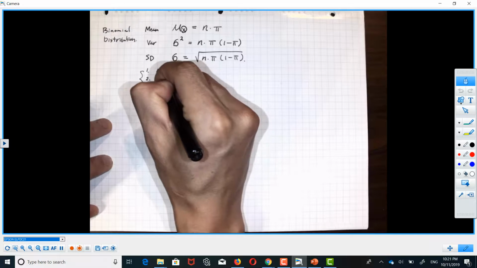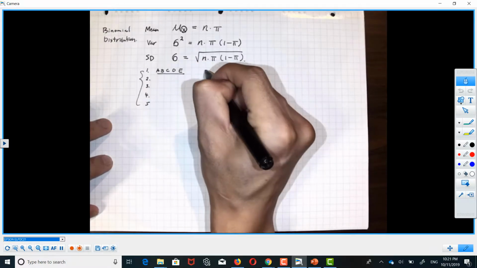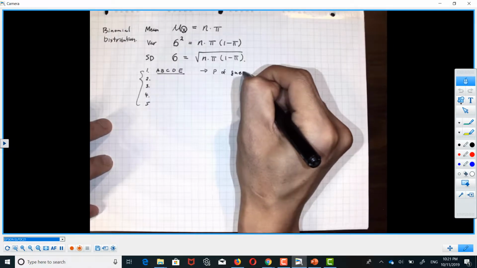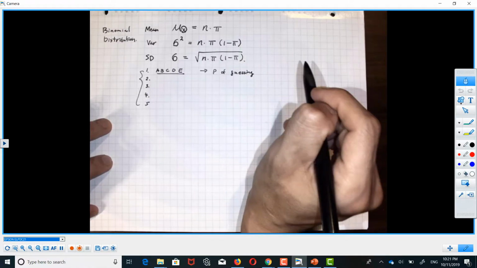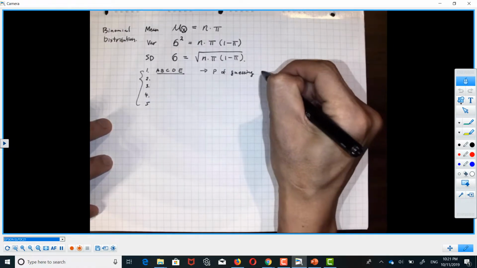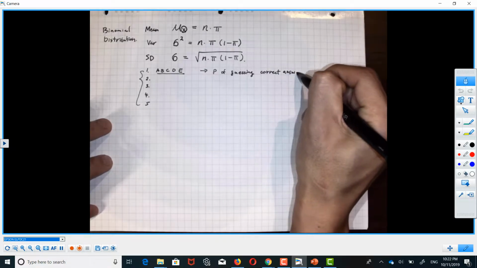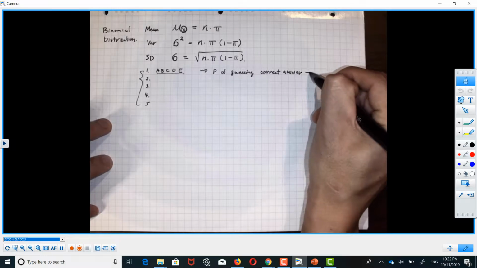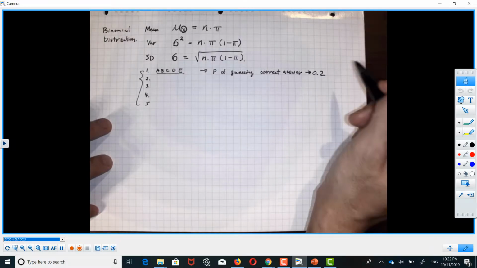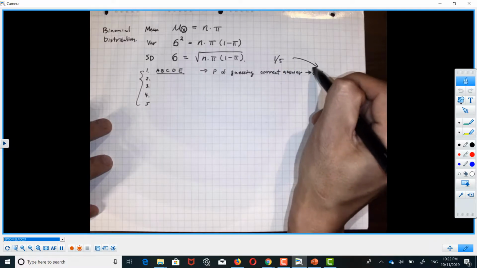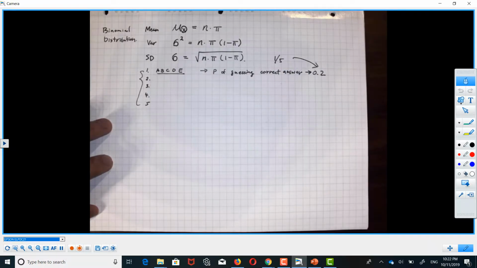Since there are 5 choices for each problem, the probability of guessing the correct answer is obviously 0.2, 1 over 5. So the probability is about 20%.